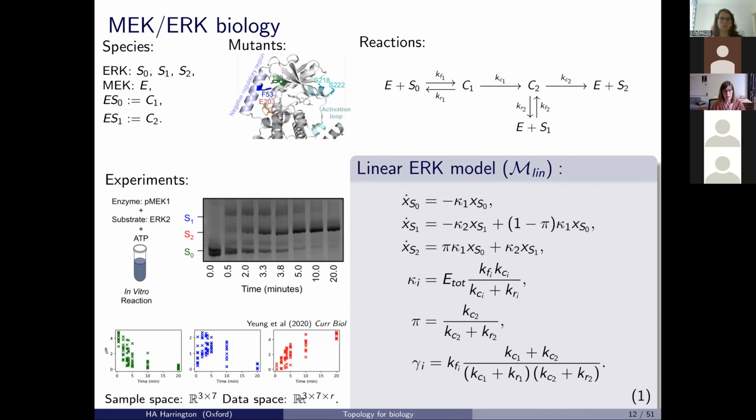So our data space is our 3 species, which is the unmodified, singly modified, or doubly modified ERK, our 7 time points, and our replicates. And then they also did this for different mutations that are involved in developmental embryonic development dysfunction and defects, as well as in cancer.